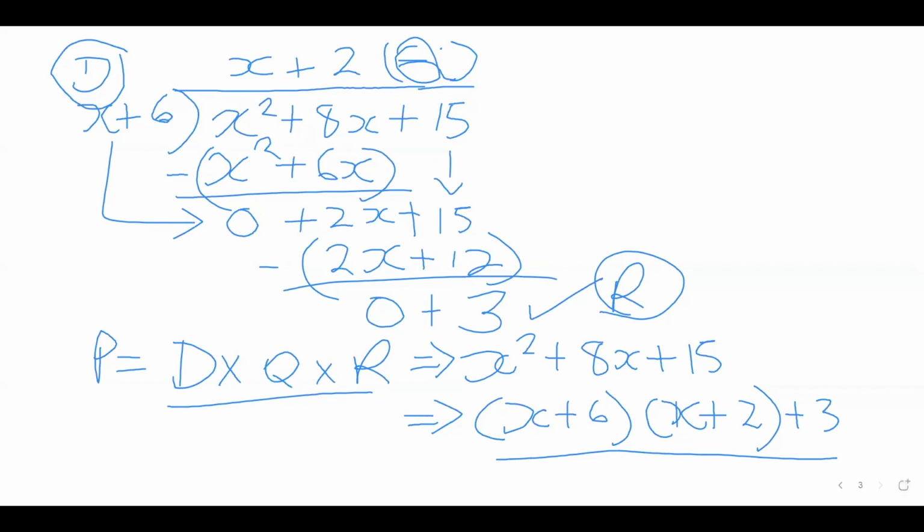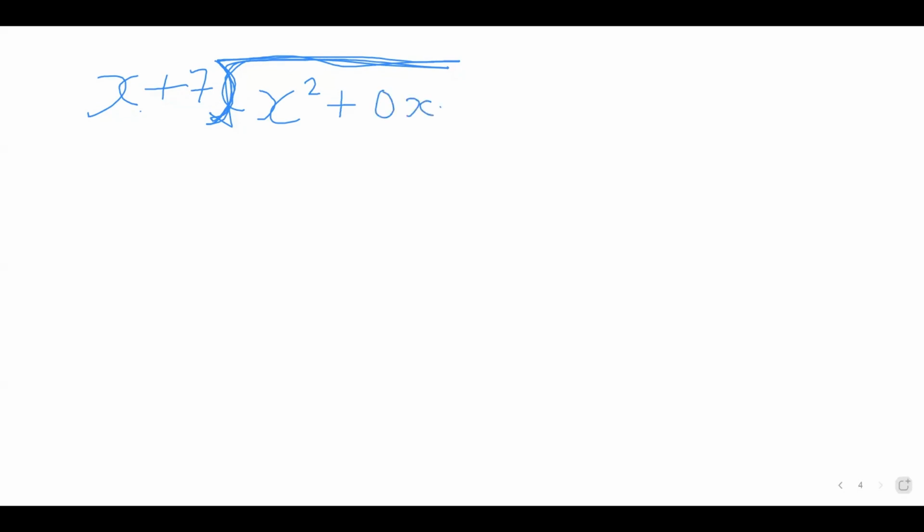Let's try another one. x plus 7, and this is divided into x squared plus 0x. And I'm going to explain what the question looks like before we get to that point.